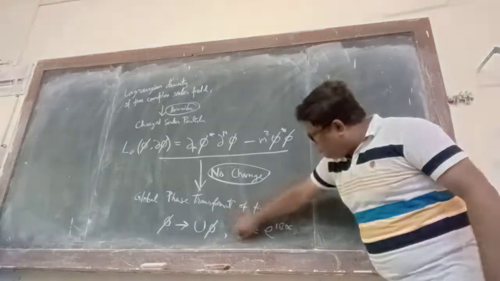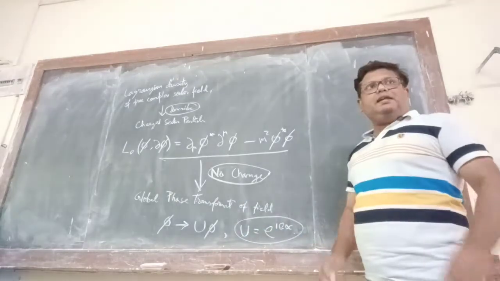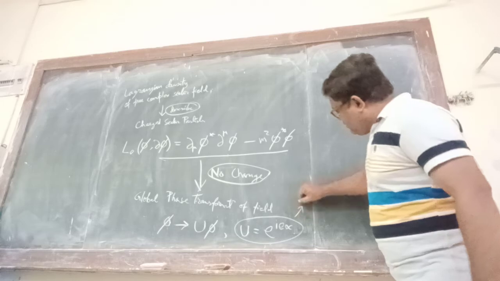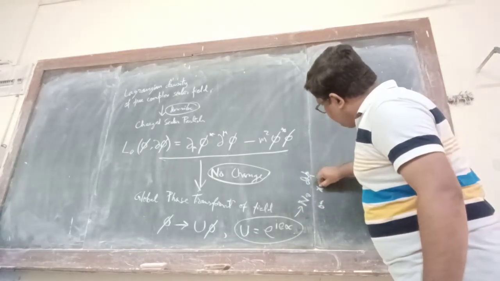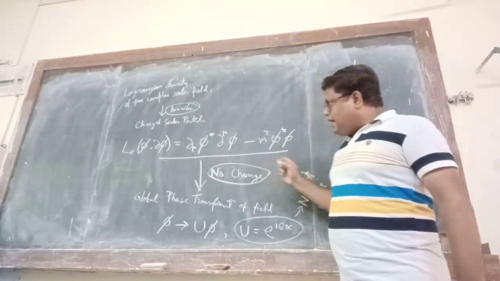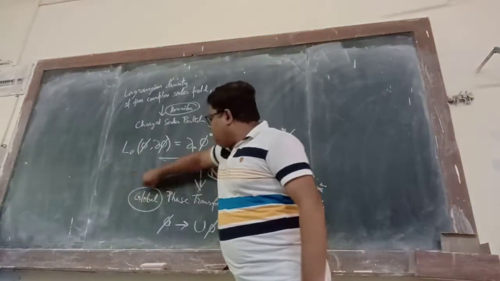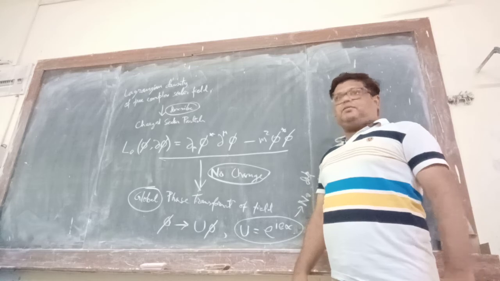But this U does not depend on any variable, no dependence on any x mu or any variable, right? So that's why it is known as global phase transformation.